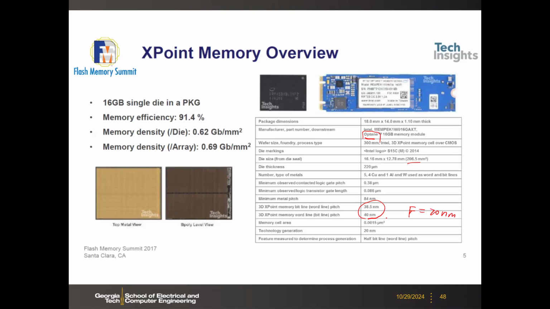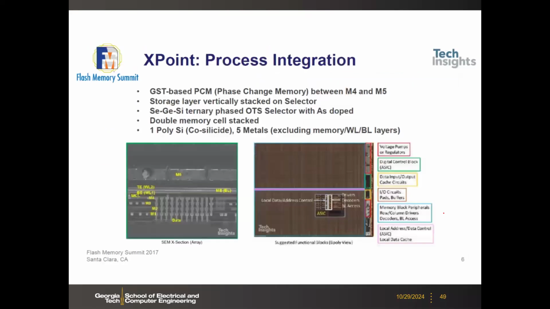Those are the overall details. If we go deeper into the technology, it is verified that this is a GST-based phase change memory, and the OTS selector is in series with the phase change memory.